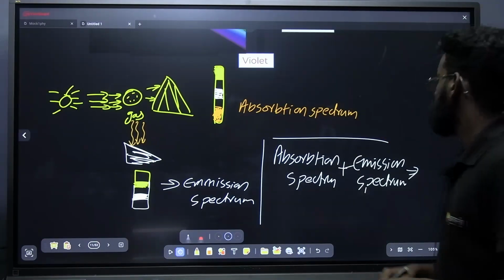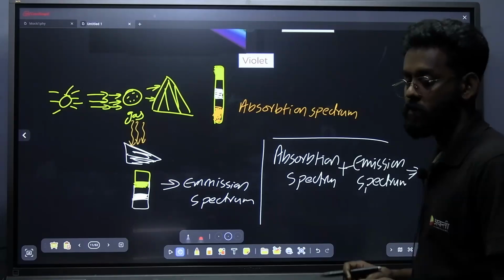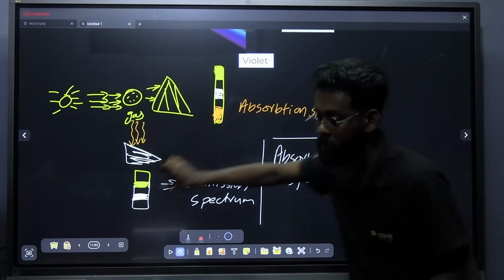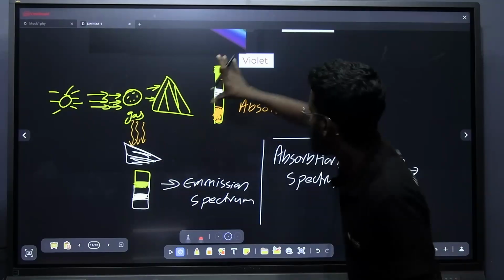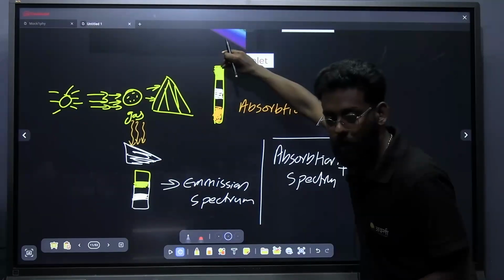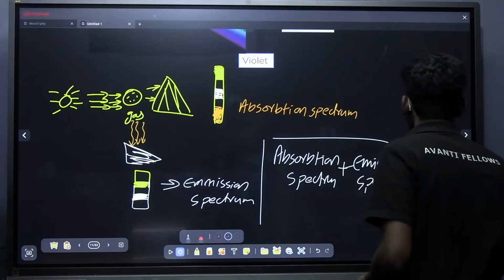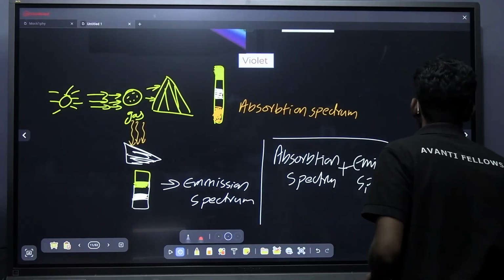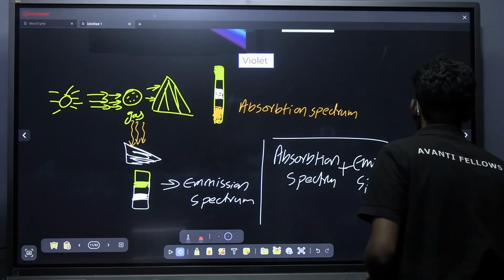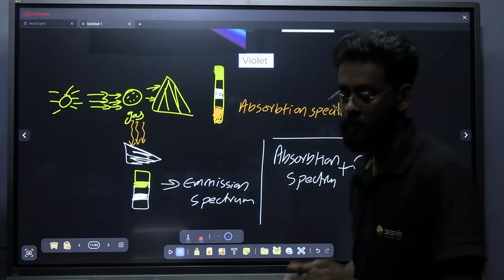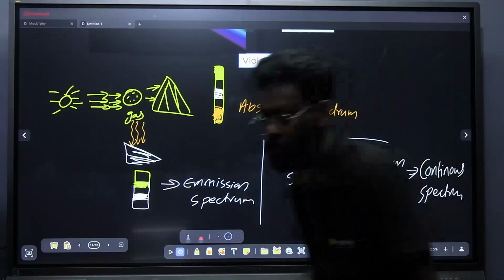Whatever radiation was missing has appeared here, so if I place them together, I will be getting a continuous spectrum. This is what absorption spectrum and emission spectrum are. Got it?